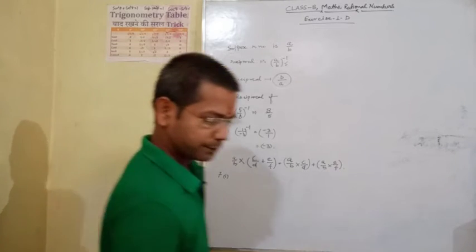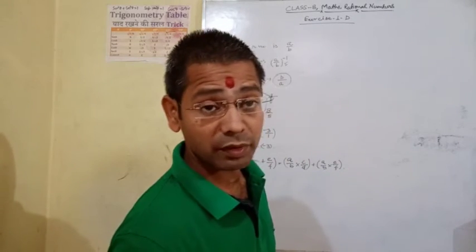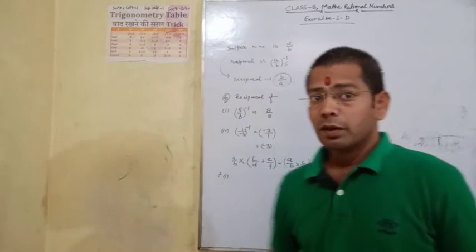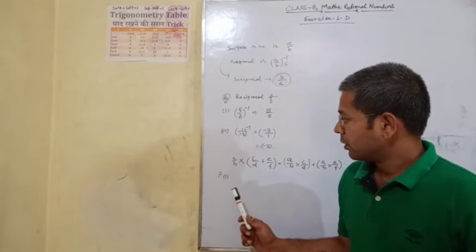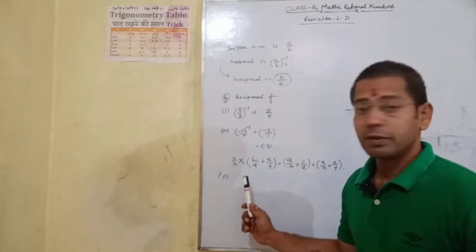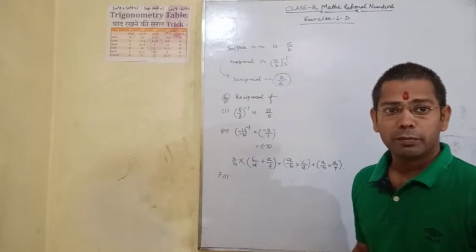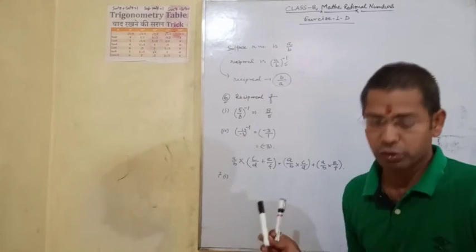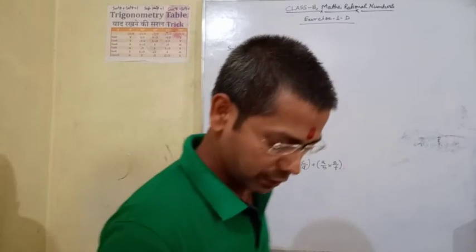Question number 7, first part. Here the question is given, and it will be solved using this property, because the question is based on this property.